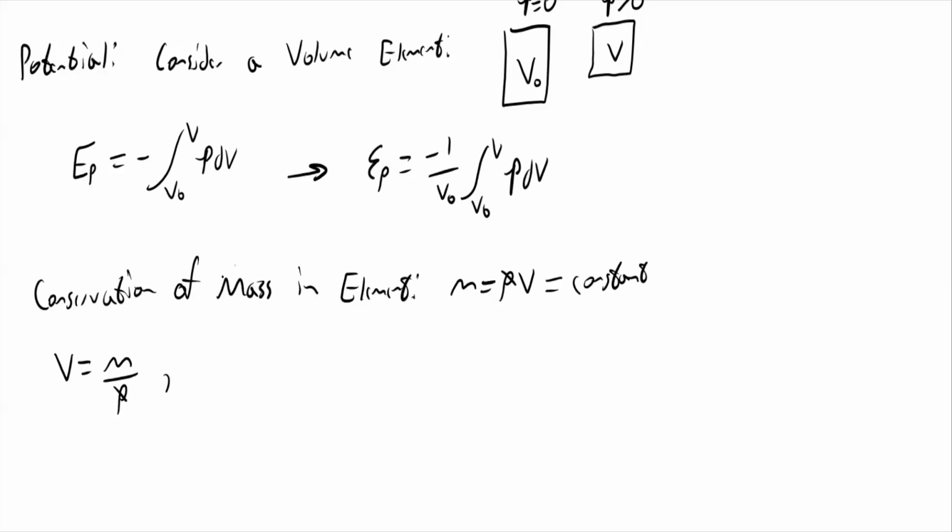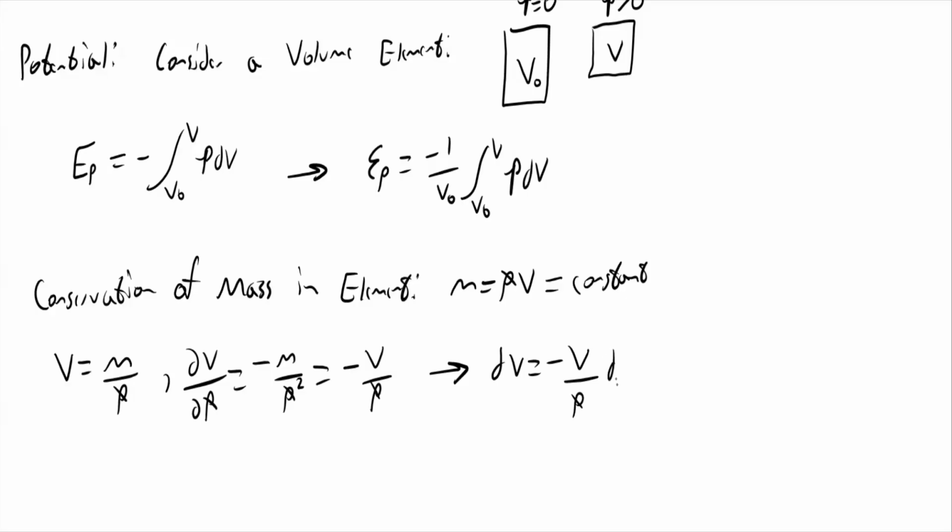If we take the derivative of volume with respect to density, we have dV d rho is equal to negative m over rho squared. However, we note that V is m over rho, so this is really negative V over rho. We can move the d rho to the other side and find that dV is equal to negative V over rho d rho.